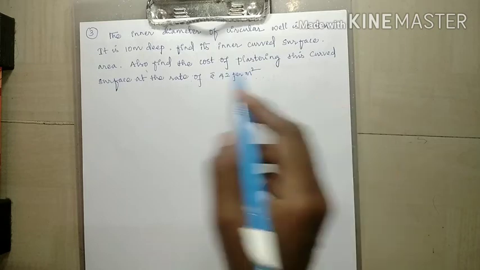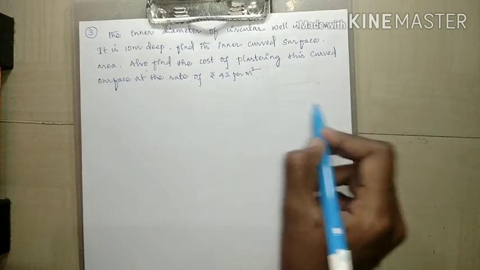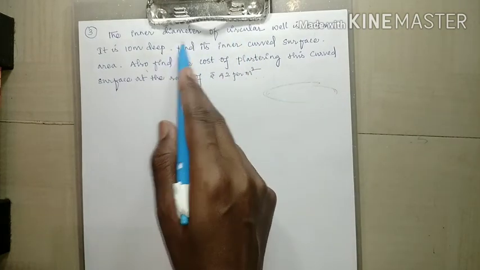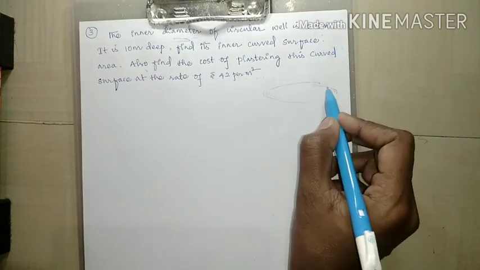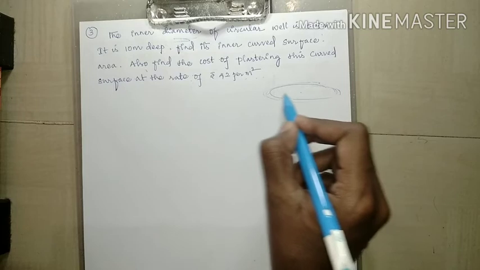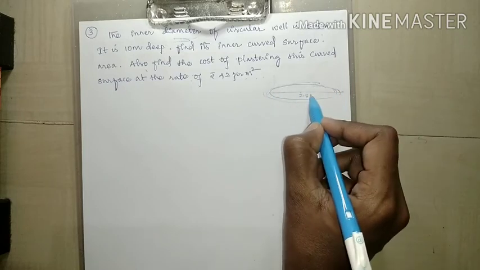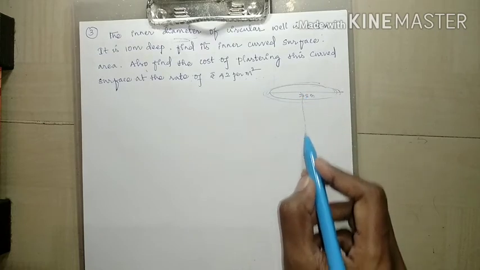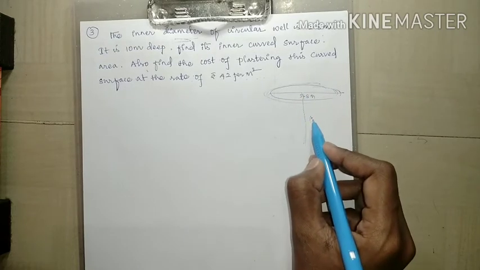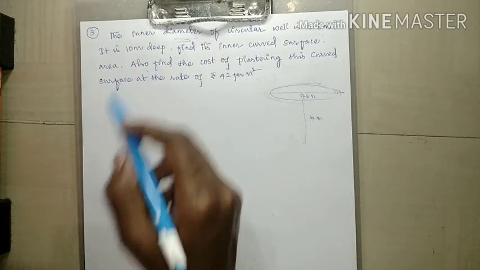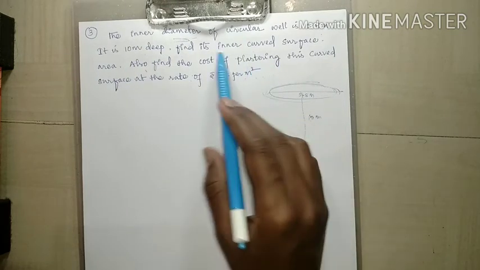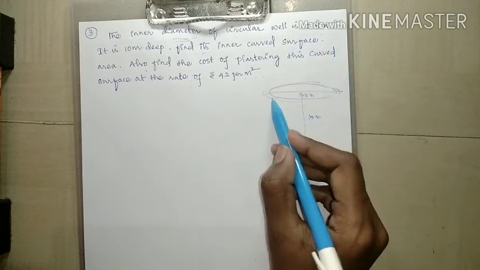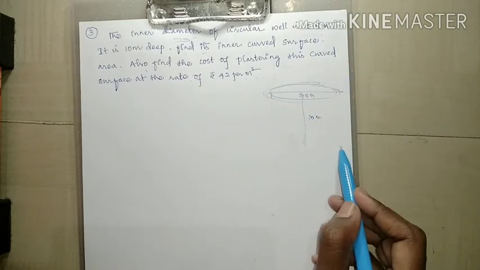So here we have a circular well, and the diameter is given as 2.8 meter, and the depth of the well is 10 meters, and you have to find the inner curved surface area.